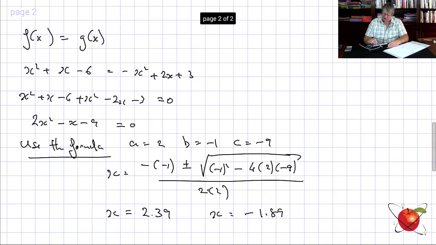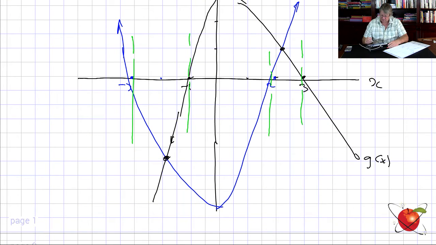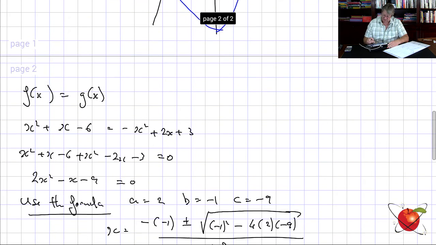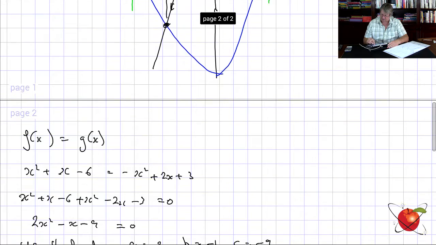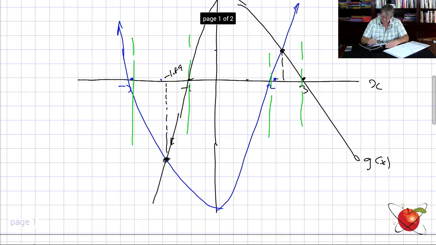So they've now asked us for those points, so let's put them in, shall we? We said minus 1.89, that's that point, and this point here was, let's have a look, 2.39, right? Okay, 2.39 is there.